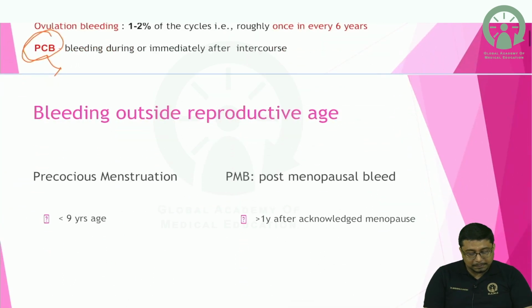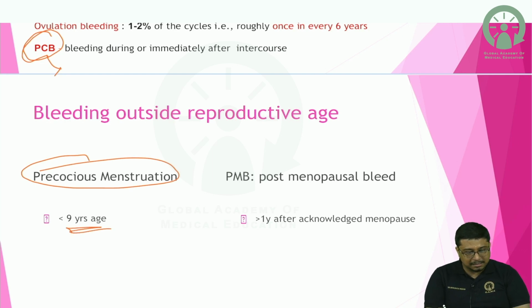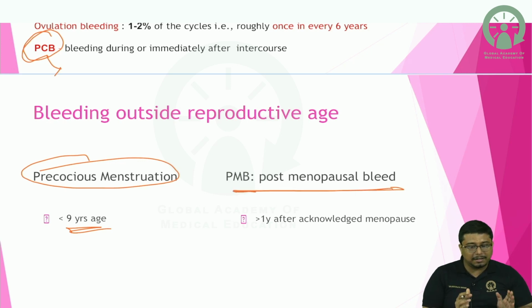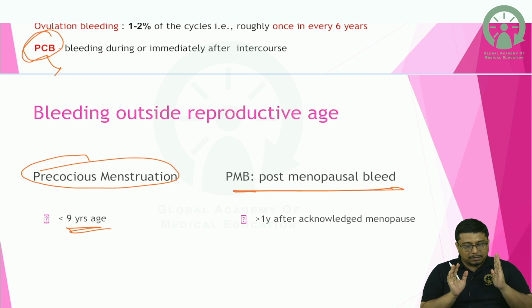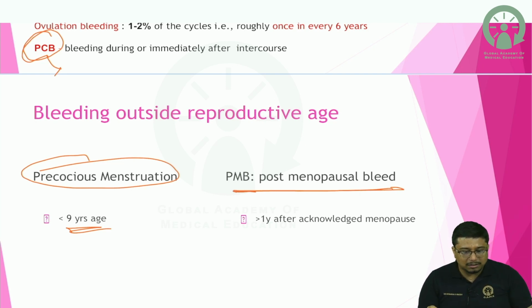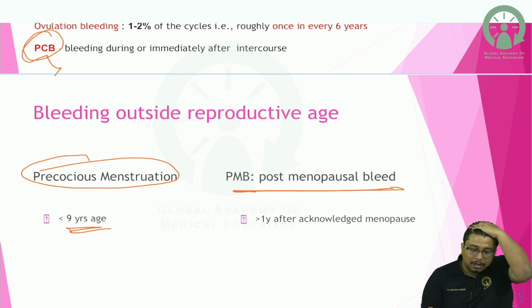So what is bleeding outside reproductive age? It is either precocious menstruation, when it happens below 9 years of age, or postmenopausal bleeding. Menopause is defined as 1 year of no bleeding, and there is no other definition, no other test, no other way to understand if the lady is menopausal or not.